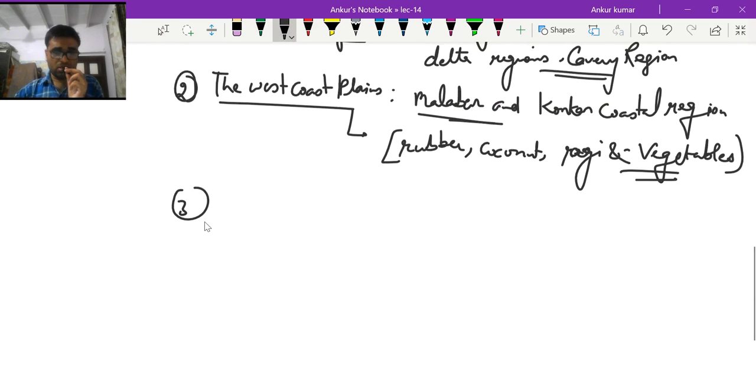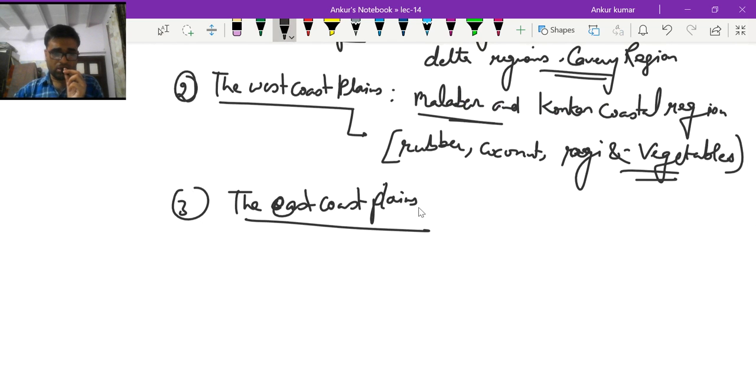The third is the East Coast Plains. These regions include Tamil Nadu and Andhra Pradesh on the east coast.